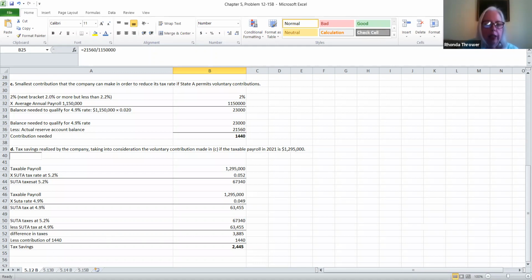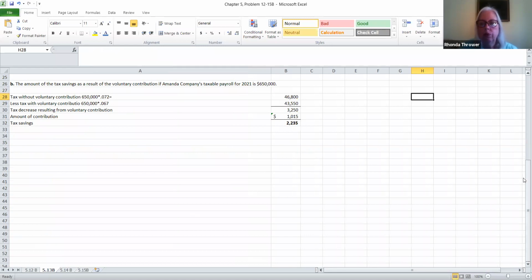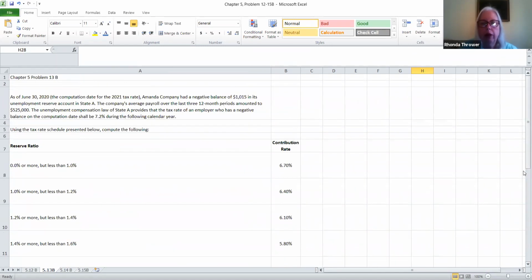So I'm going to move to the next problem, which is also about calculating the reserve ratios and the SUTA rate.